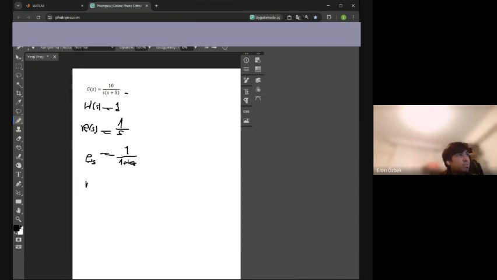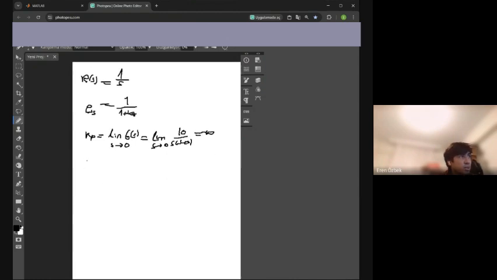KP equals limit of G(s) as s goes to 0, which equals limit of 10 over s multiplied by (s plus 5), which equals infinity. Since KP is infinity, ESS equals 0. We find ESS is 0.